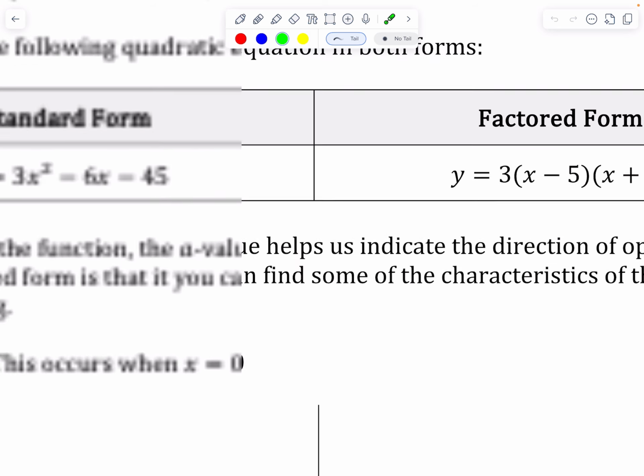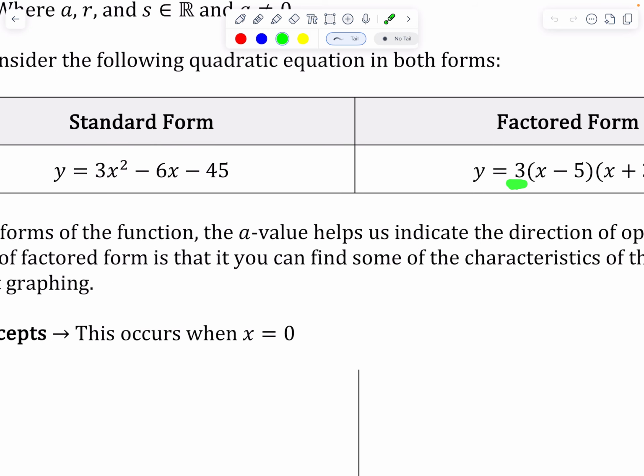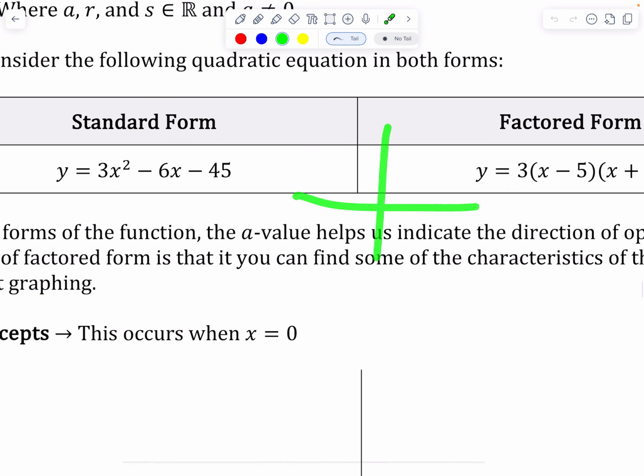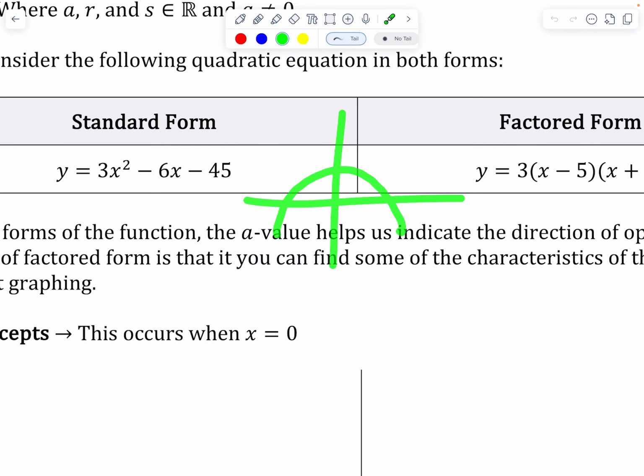Both of these forms have this same a value, this leading coefficient, this multiplier way out in front. And that helps us indicate the direction of opening. We know that if it's positive, then we have something that's opening upward. Whereas if it's negative, then we've got something that's opening downward and it's forming a sad face.